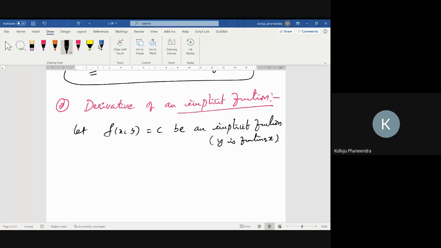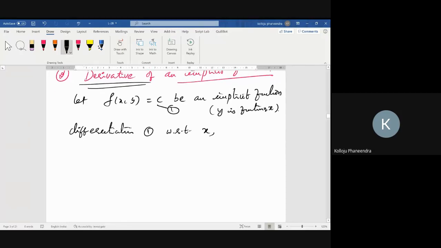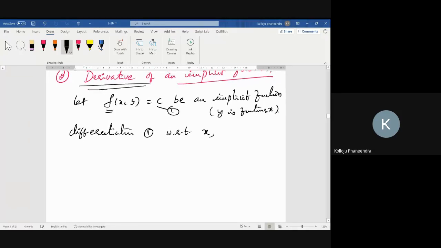Now to define the derivative, what is this? Derivative of an implicit function. Differentiating, take this as 1. Differentiating 1 with respect to x. Now the logic is here. What is f? f is a function of how many variables? Two. So first ∂f/∂x.